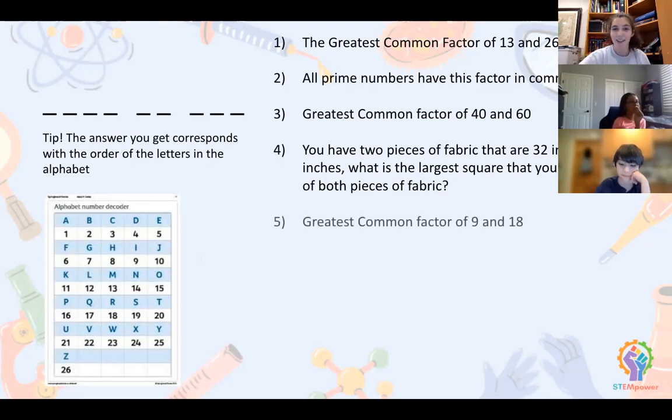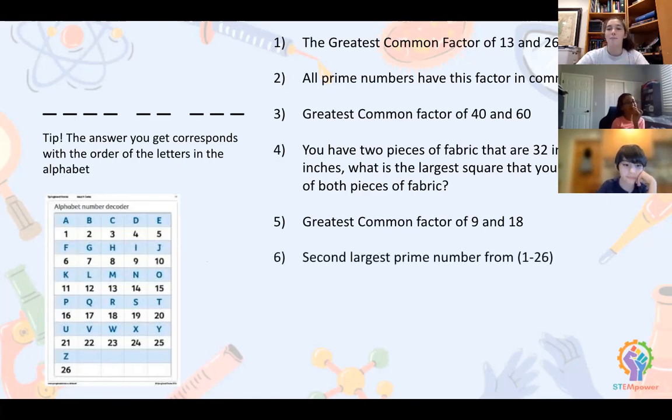So we have math. What's the greatest common factor of 9 and 18? 9. Yeah. So that corresponds to an I. I think that's what it is. What is the second largest prime number from 1 to 26?